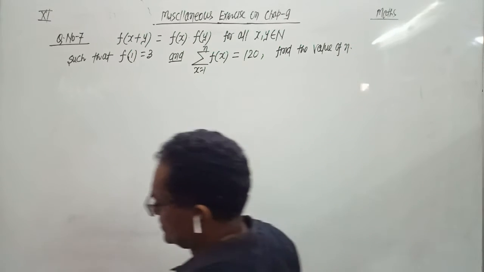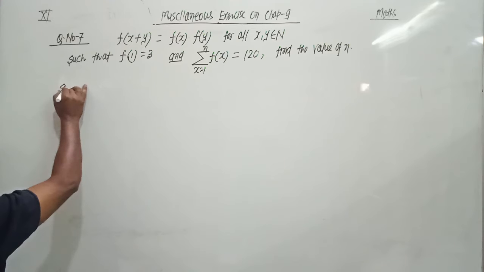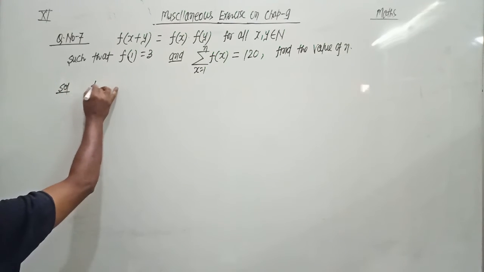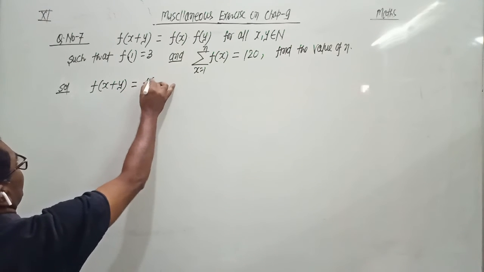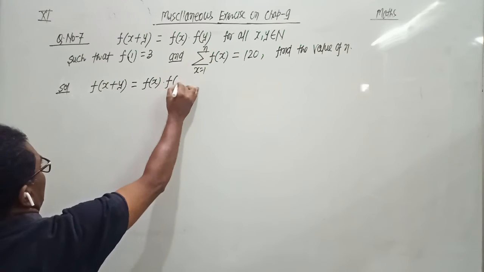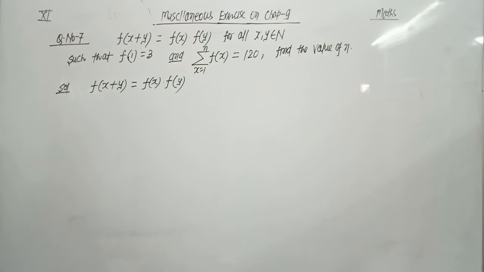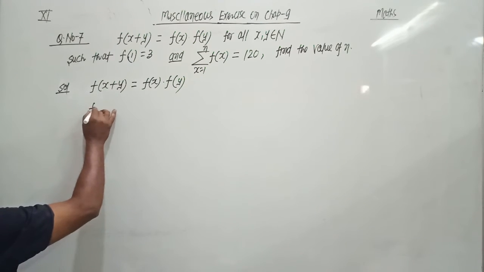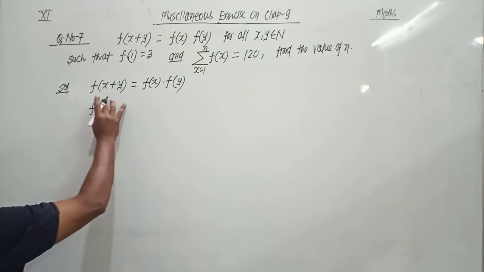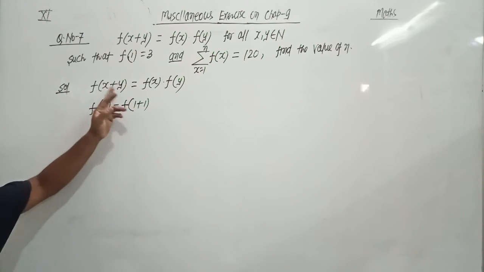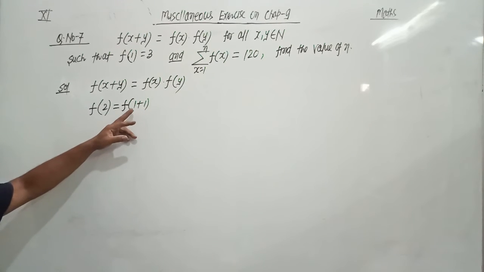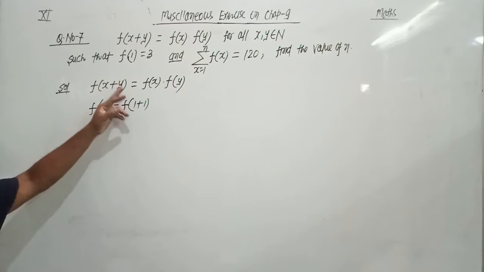So the condition which we have given is f of x plus y equals f of x into f of y, and f of 1 is given as 3. Then we calculate f of 2. f of 2 can be written as f of 1 plus 1, means at the place of x there is 1, and also at the place of y there is 1.